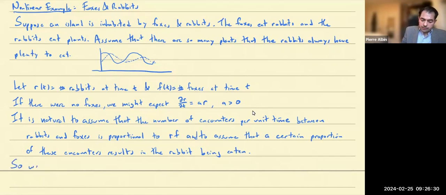So we model the rabbit population with dR/dt equal to a times R minus b times R times F, with a and b positive.